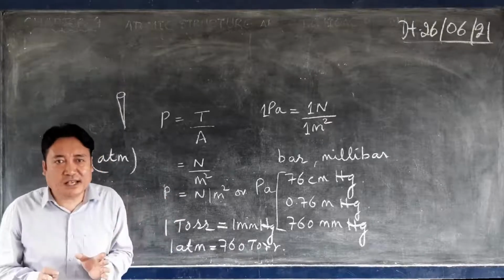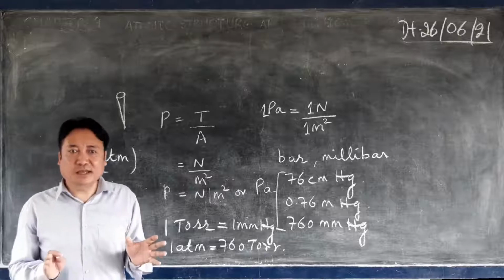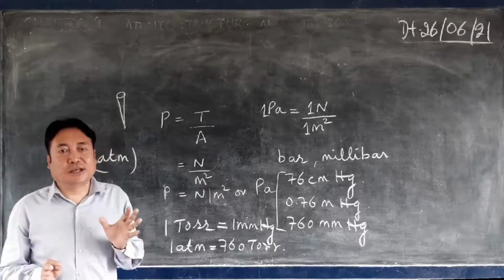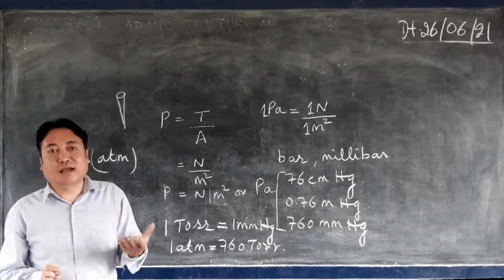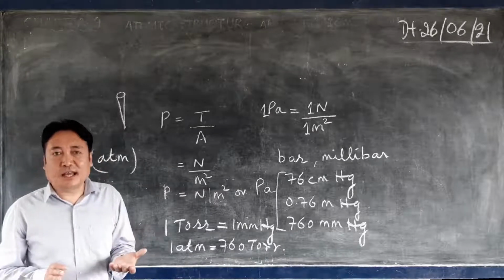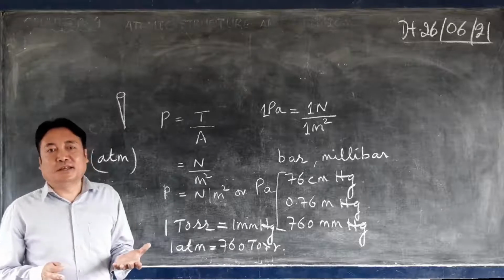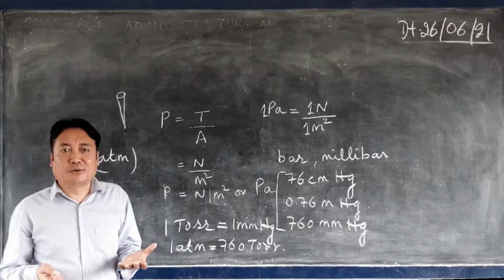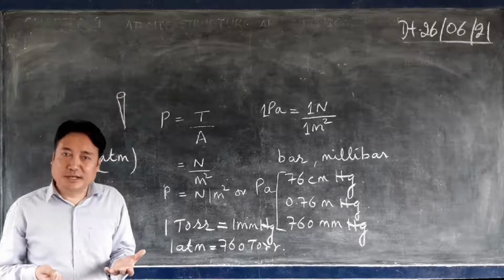When the surface area is increased, the pressure will be reduced. The example is that while constructing a dam or a building, the base of the dam or building is made broader in order to reduce the pressure.